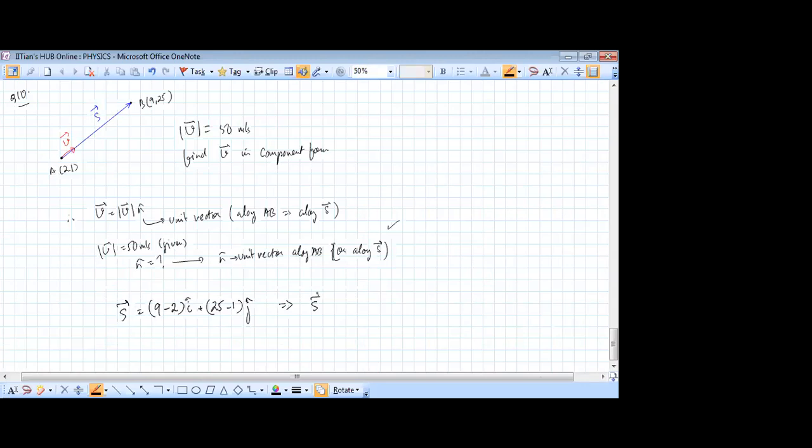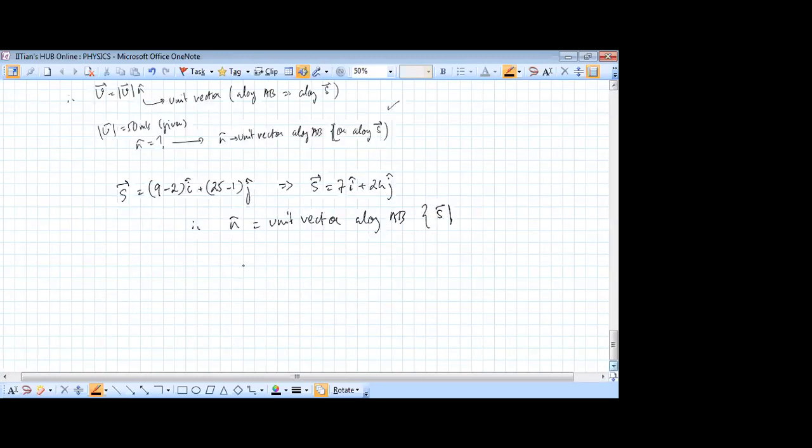So your displacement vector is 7 i cap plus 24 j cap. Therefore, n cap, which is the unit vector along AB or displacement S, will become vector S divided by the magnitude of vector S.